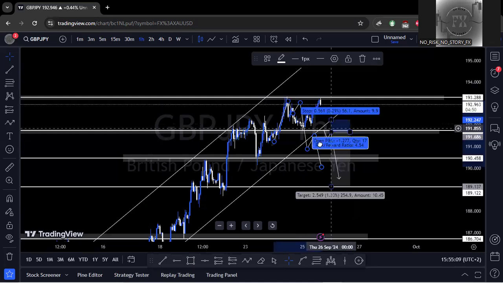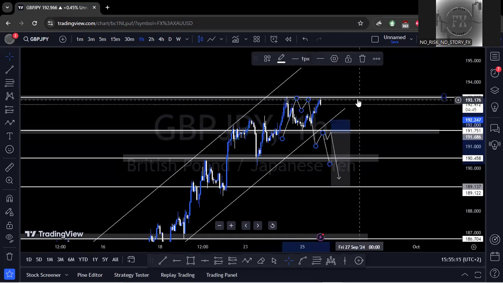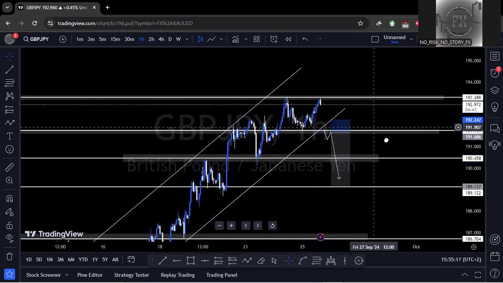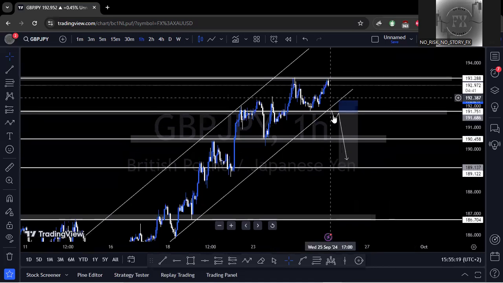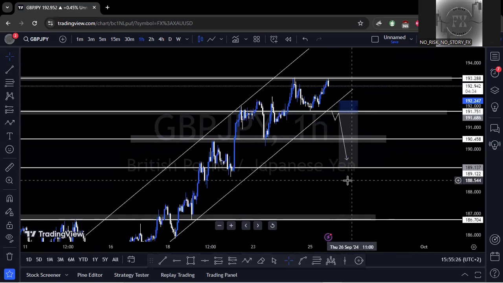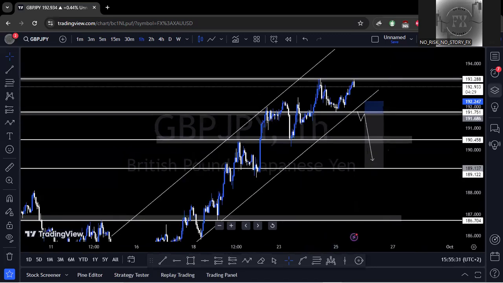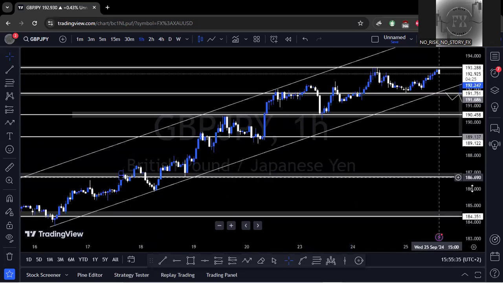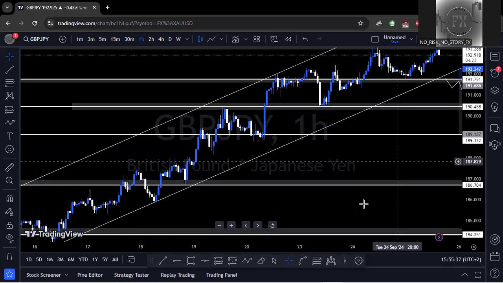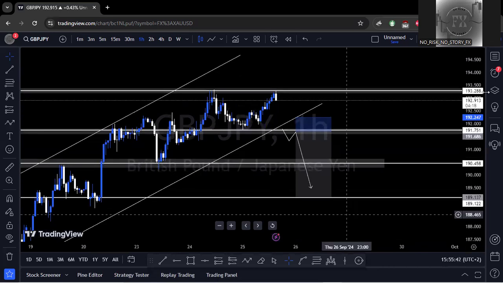So this is what I'll wait for on GBPJPY. I'll wait for this market to break below this support structure, give us this nice retest to then shoot to the downside. So yeah, that's it for GBPJPY.